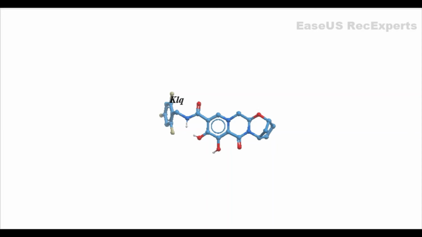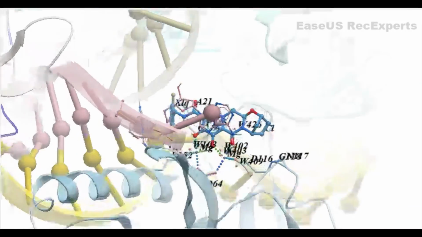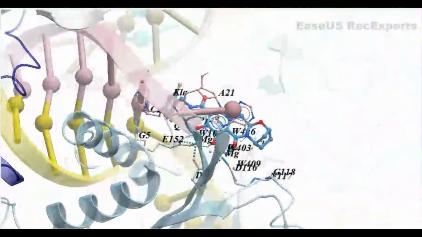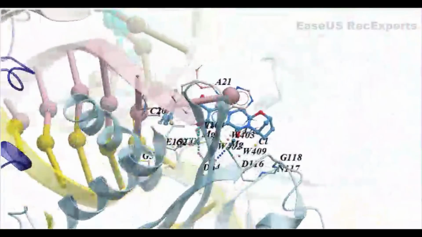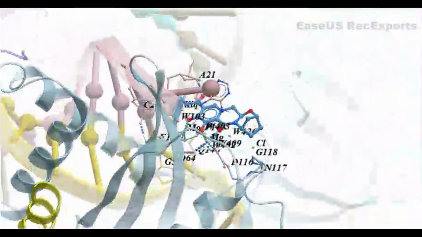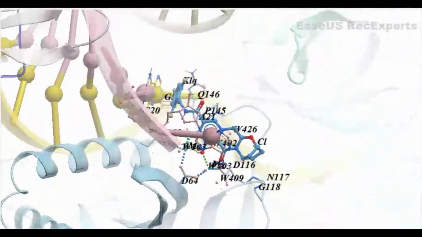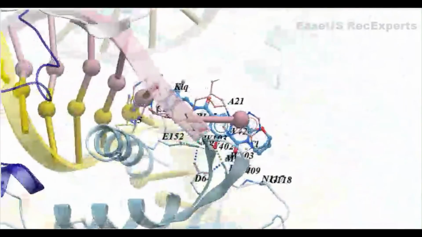So when we introduce the active site or the binding pocket, if you may, you could see clearly the interactions we talked about in the previous video, the aspartate 64 and the aspartate 116 and the glutamate 152 all complexing with the magnesium pair, and you can see the magnesium pair in turn interacting with the drug at the ketone group and the two hydroxyl groups there.